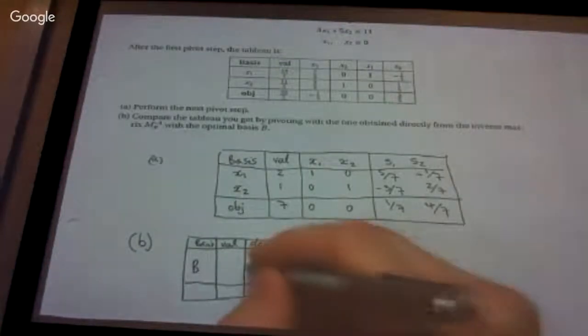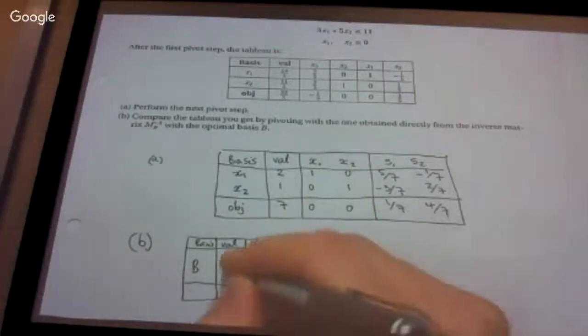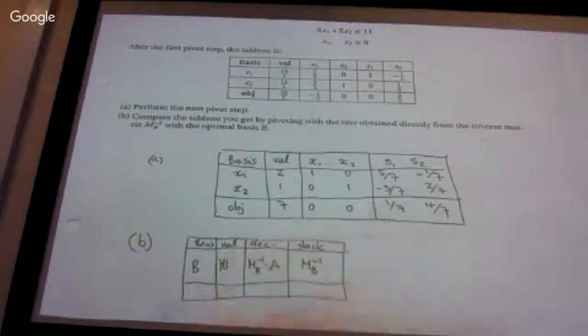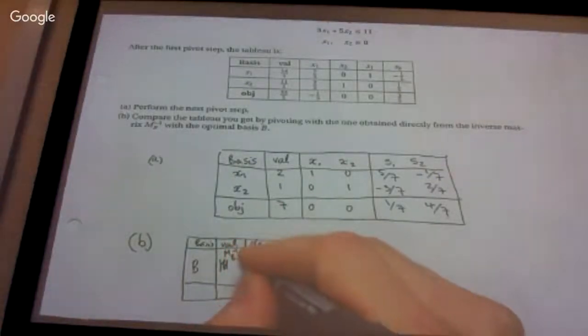This is what we called MB inverse times A, and this was what we called MB inverse times little b. We somehow derived this, didn't we? Except I'm not telling you what MB inverse is.